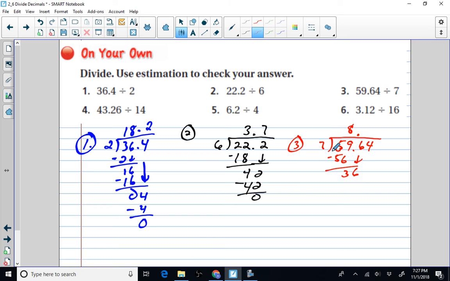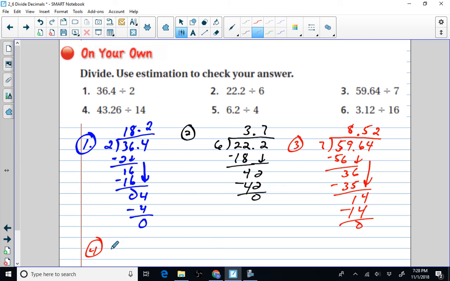Bring down the 6. 7 goes into 36 5 times. 5 times 7 is 35. Subtract, I get 1. Bring down the 4. 7 goes into 14 2 times. 2 times 7 is 14. Subtract, we get 0.